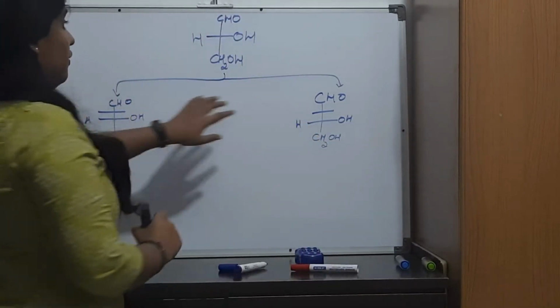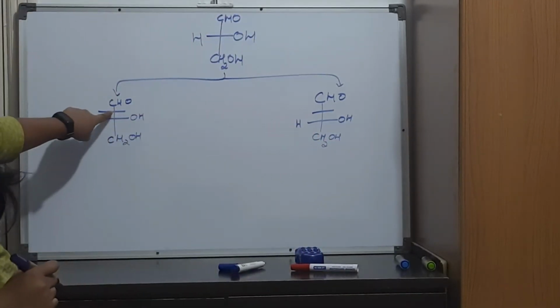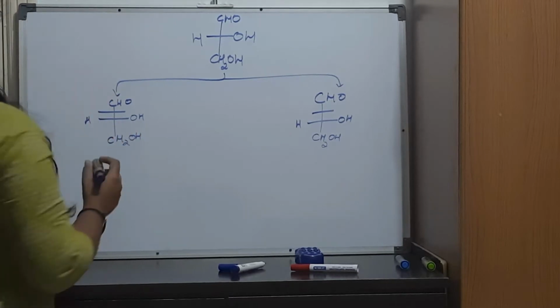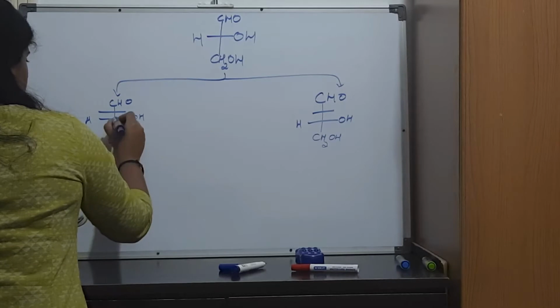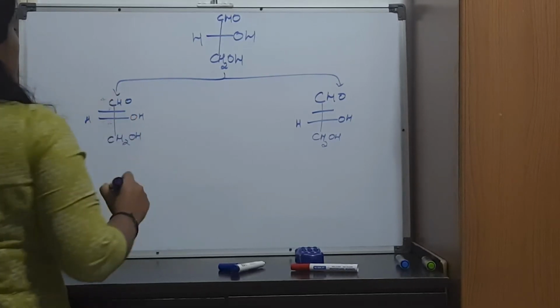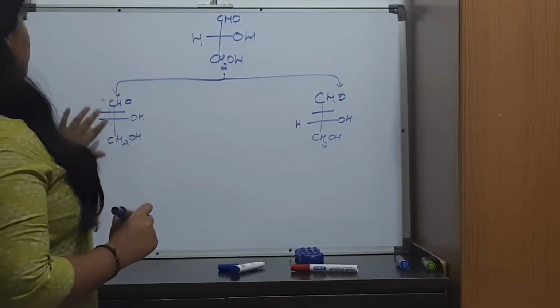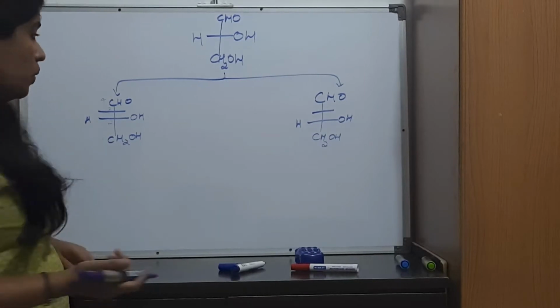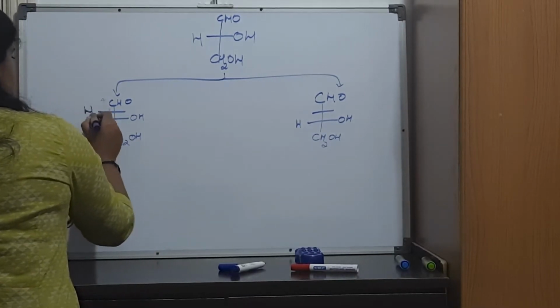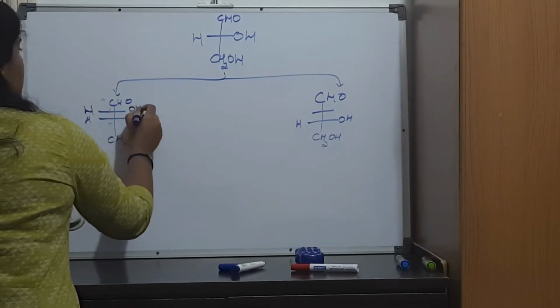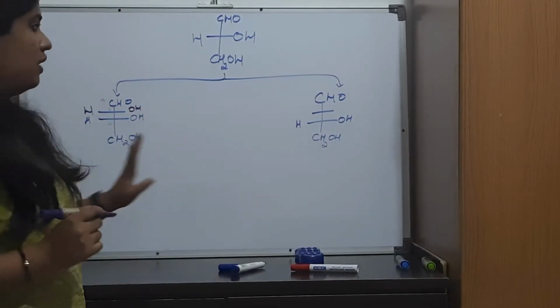Now, what is the difference that can come? One more extra carbon atom is added up now, right? So 1, 2, 3, 4. From 3 carbon atoms, we have moved on to 4 carbon atoms. And now, on that extra carbon, one possibility is H coming here on the left and OH coming on the right. Right.